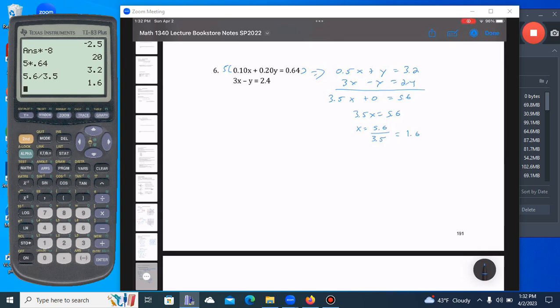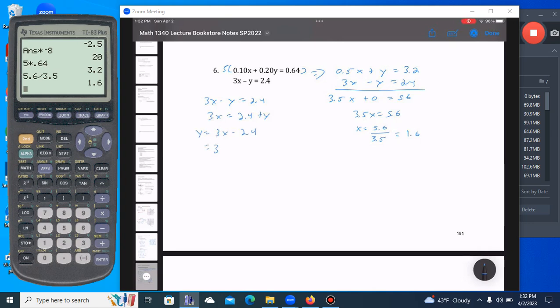I think the easiest one is to use 3x minus y equals 2.4. Actually, before I insert 1.6, I'm going to solve this for y. So add y to both sides, and you get 3x equals 2.4 plus y. Then subtract the 2.4, you get y equals 3x minus 2.4.